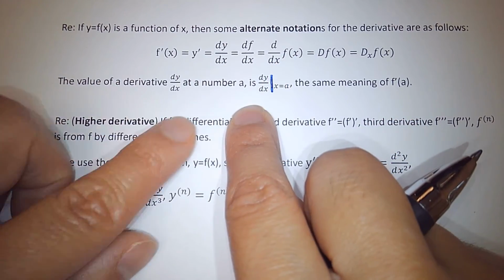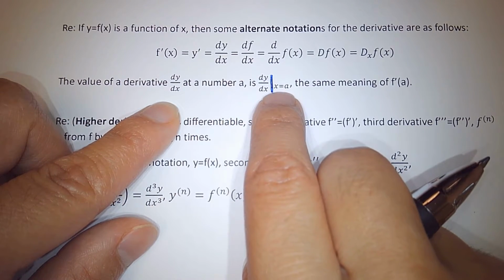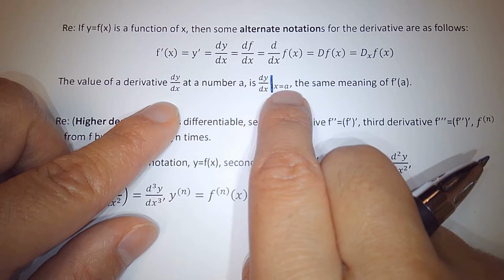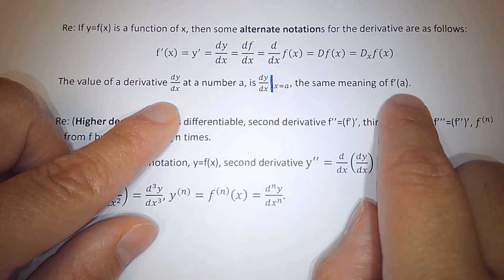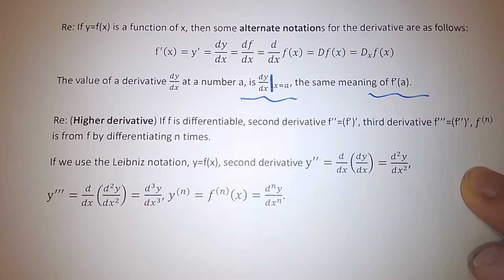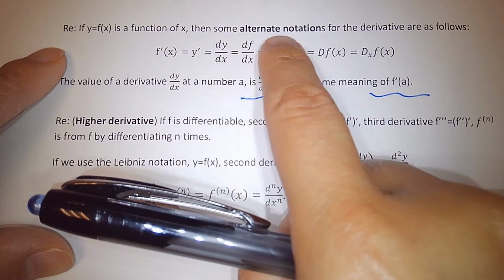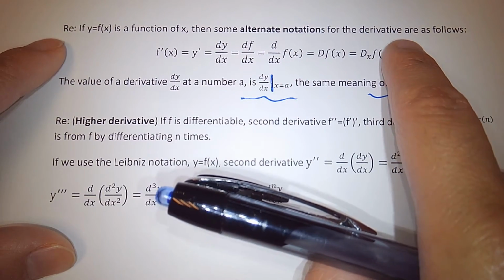In order to find the value of the derivative at number a, we have to write it as x equals a, or it's the same thing as f prime of a. So this and that, they are the same thing. So these are the alternate notations for the first order derivative of a function.